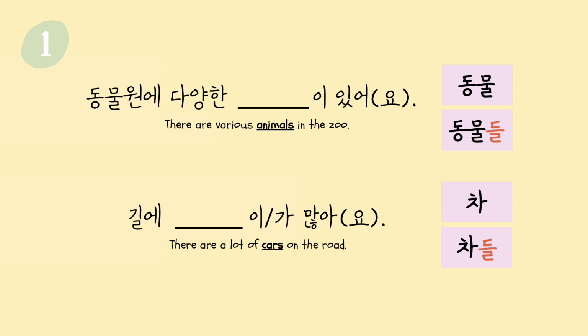When there is a clue that implies a noun is plural, such as 다양한, 많아, 들 is optional. 동물원에 다양한 동물이 있어. 동물원에 다양한 동물들이 있어. 길에 차가 많아. 길에 차들이 많아.